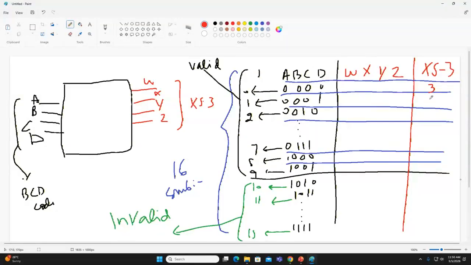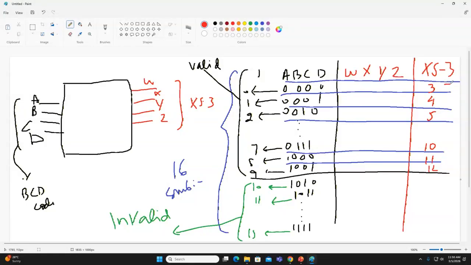4. If the input is 2, what is my output? 5. If the input is 7, what is my output? 10. If the input is 8, what is my output? 11. And 12. Can you see here now? These are for the XS3 code.